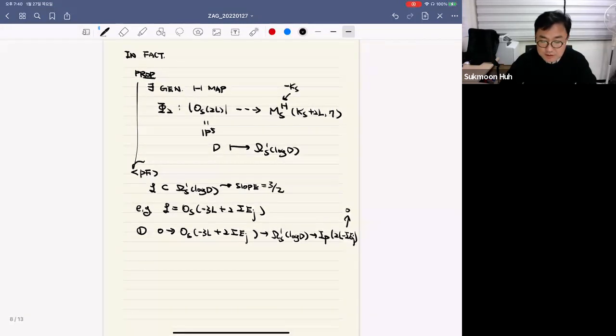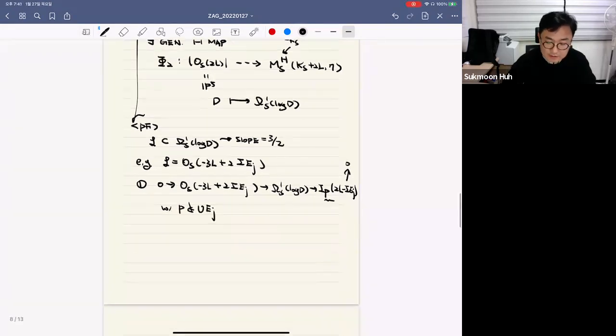That means we can assume that this line bundle is saturated, and by applying our key lemma to each exceptional divisor, we can conclude that the point P appearing in this cokernel is not contained in any exceptional divisor, right?